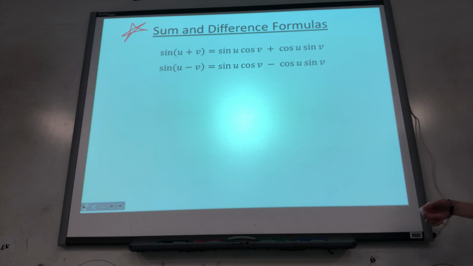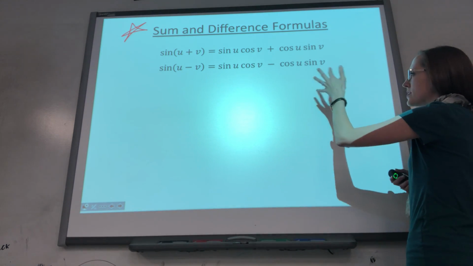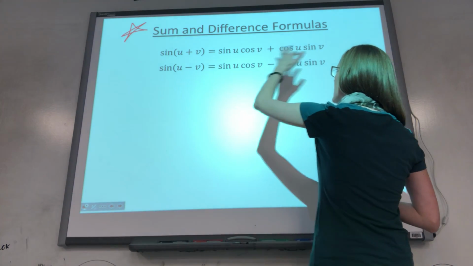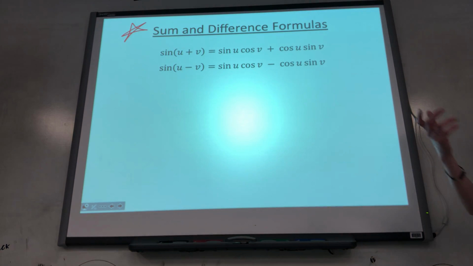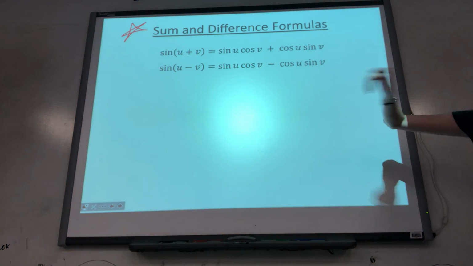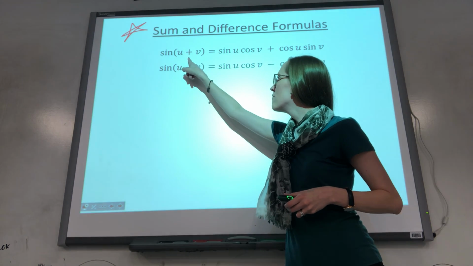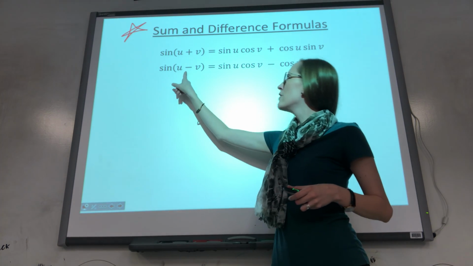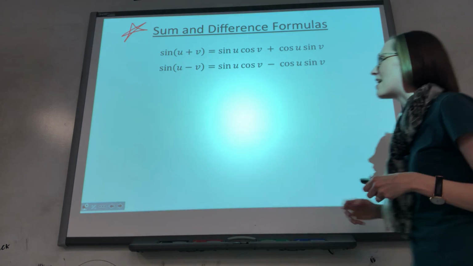All of the trig functions and all of the u's and the v's are in the very same spots. The only difference is that has a plus, that has a minus. Okay, so sum formula for sine, difference formula for sine.